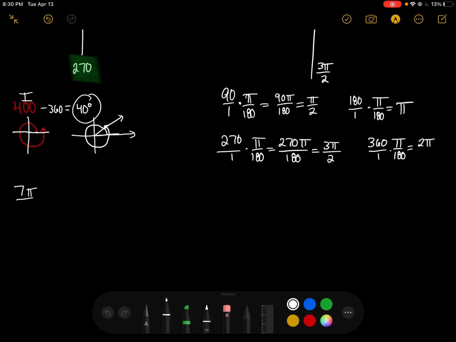Other things that we can go over here, let's try a radian example. What if here we need to graph, let's say, 7 pi over 6 radians? Where would that fall? Well, you have a few options. If you want to convert 7 over 6 to a decimal, what you're going to see is it'll be like 1.17.